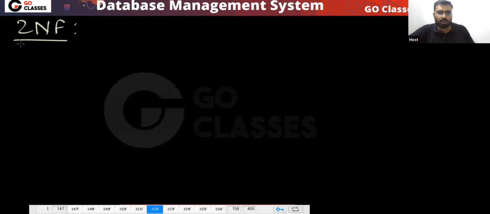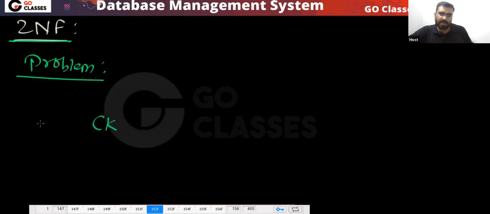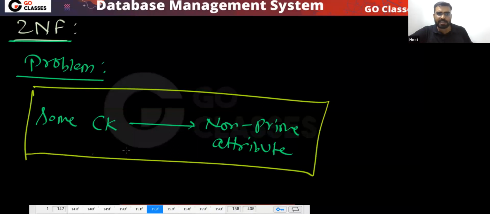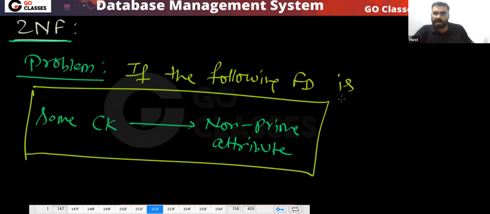But let me tell you that for 2NF, what is the problem? The problem is this: some candidate key determines a non-prime attribute. If the following FD is partial, then that is the problem.